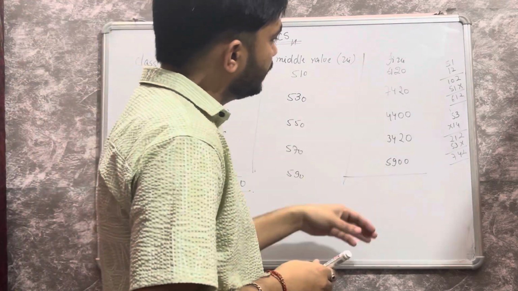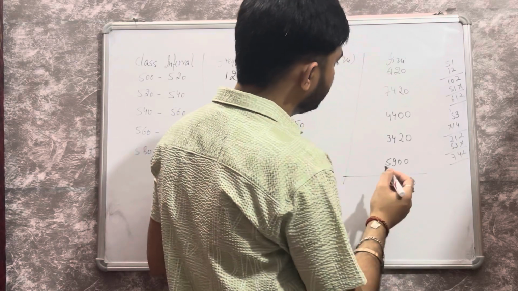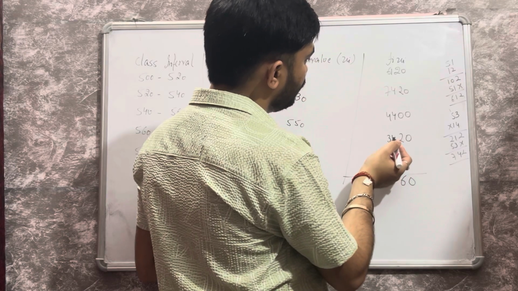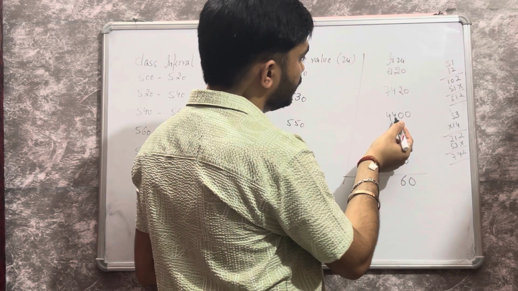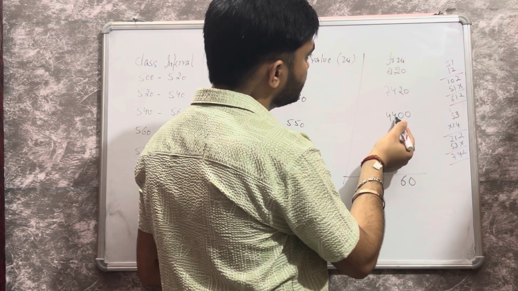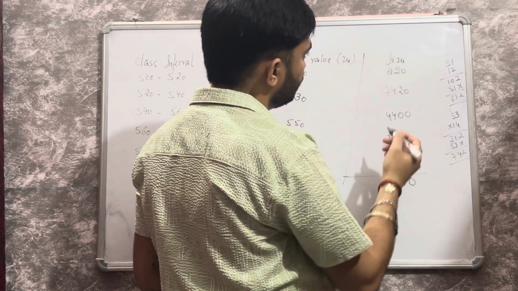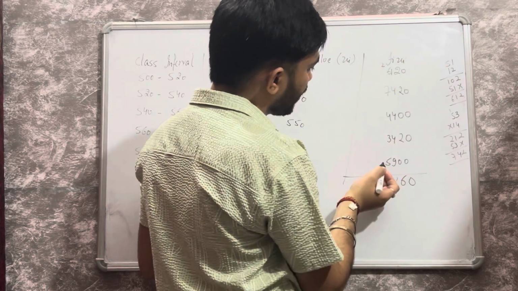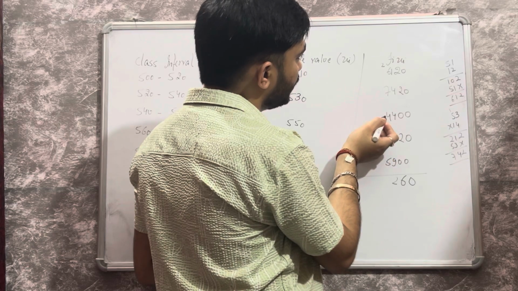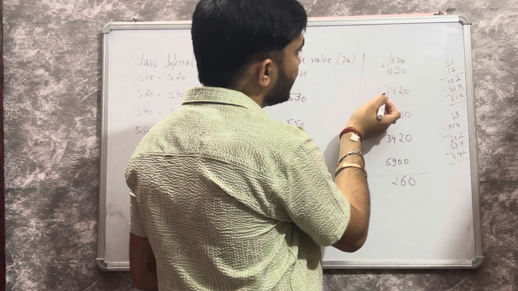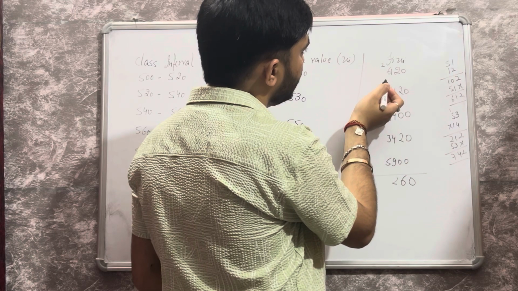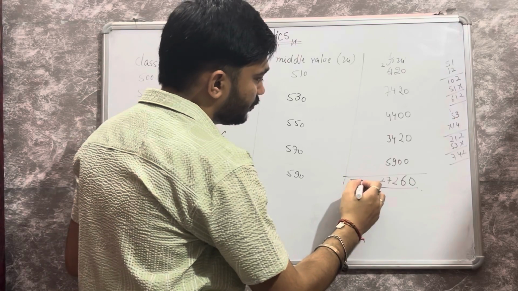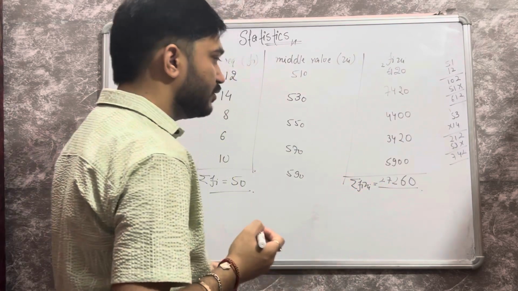Now you have to add the fixi values. So the summation of Fi Xi here is 27260.